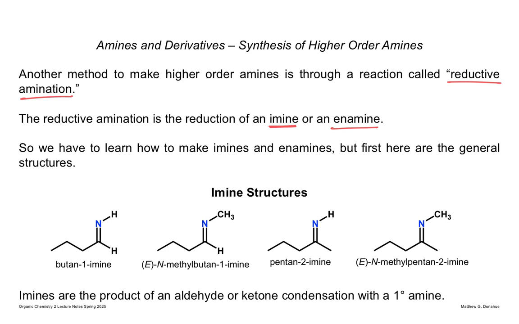So we'll start with the imines. And I'm going to draw a line right here. So on the left, those come from aldehydes. We can see the oxidation state 2.